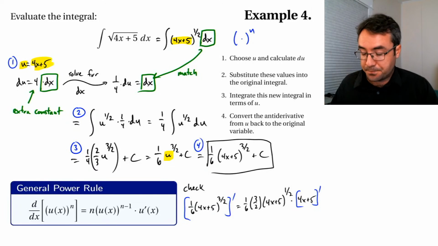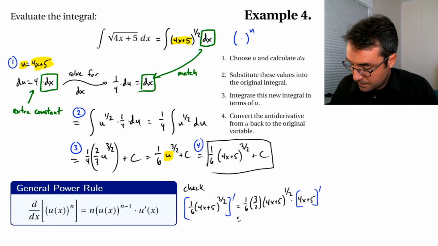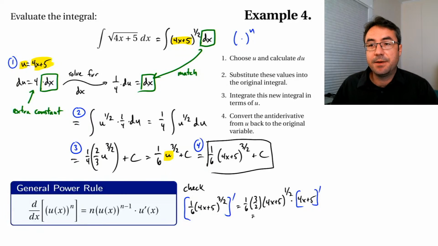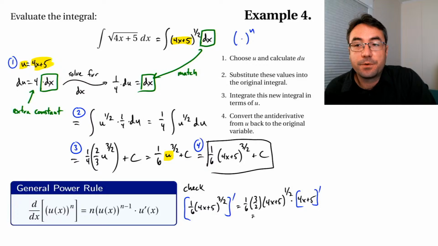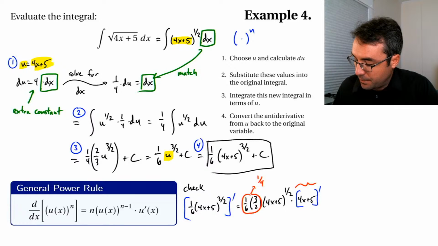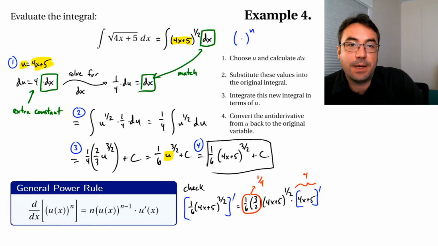And so what we end up with then is if we multiply the 1 over 6 times 3/2, that simplifies to just 1 over 4. And then the derivative of 4x plus 5, that's just 4 as well.